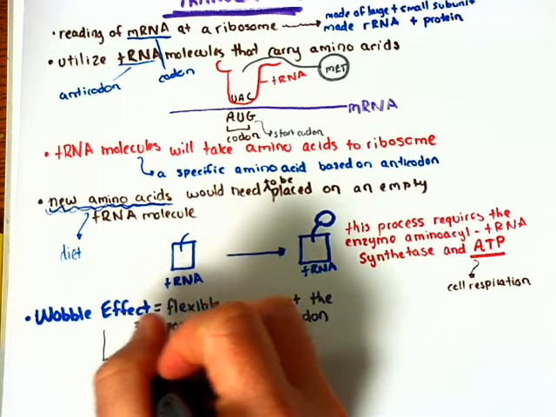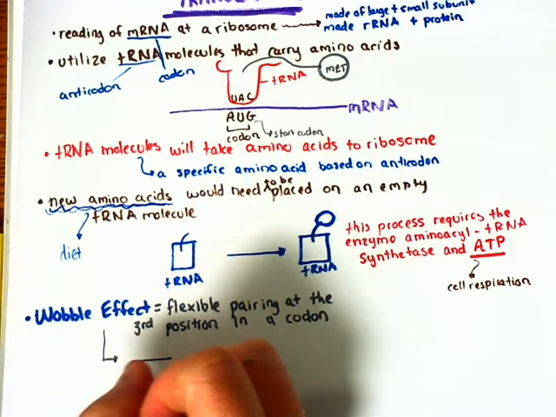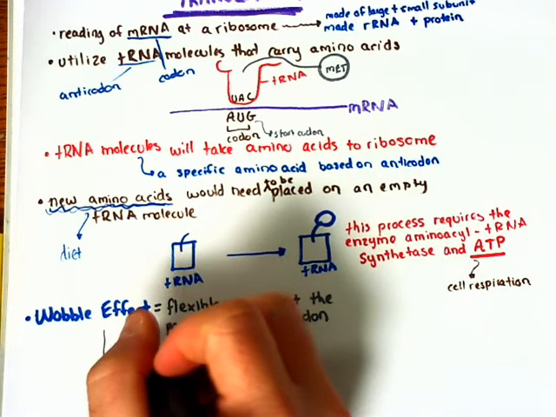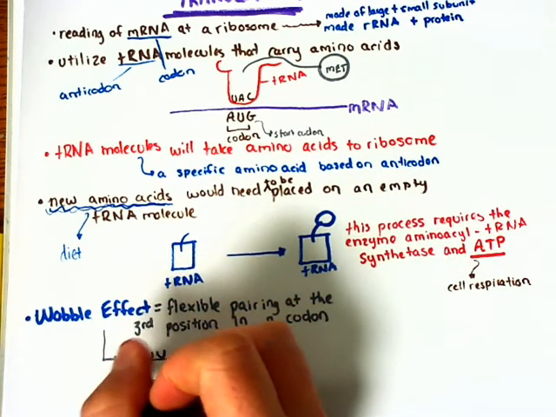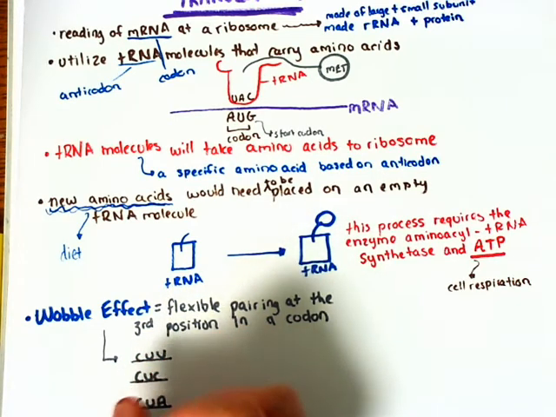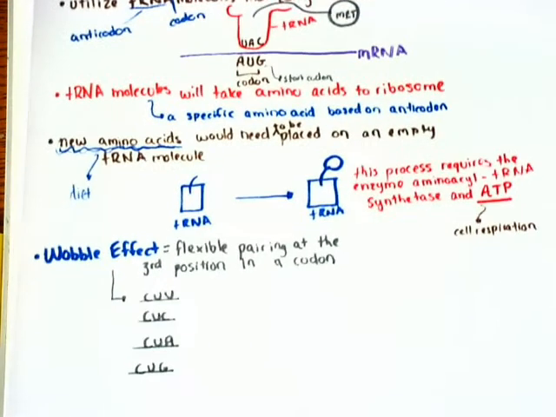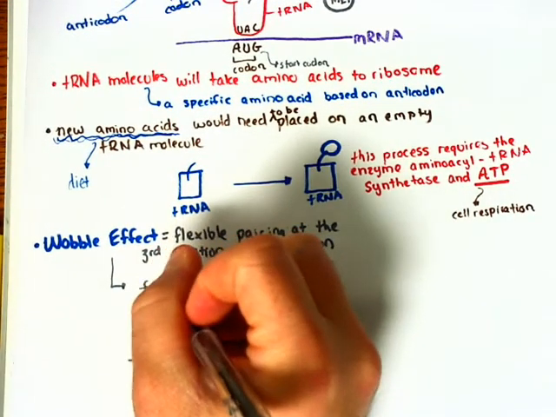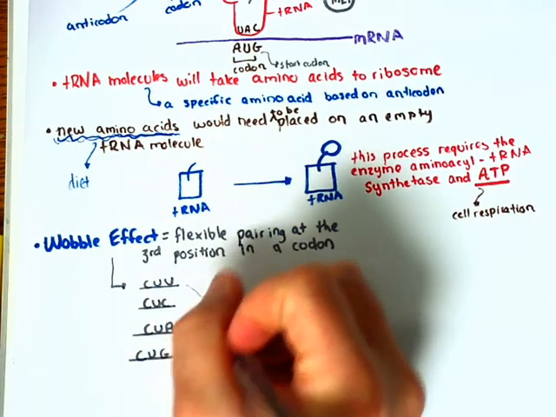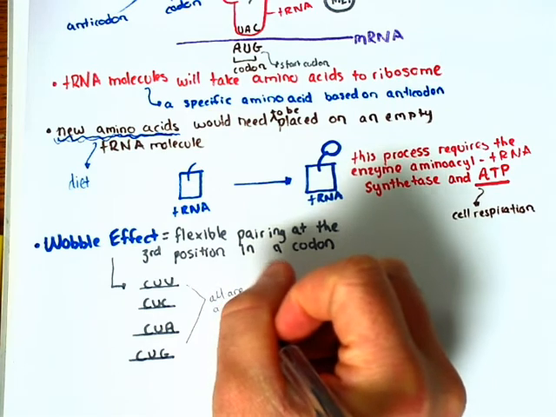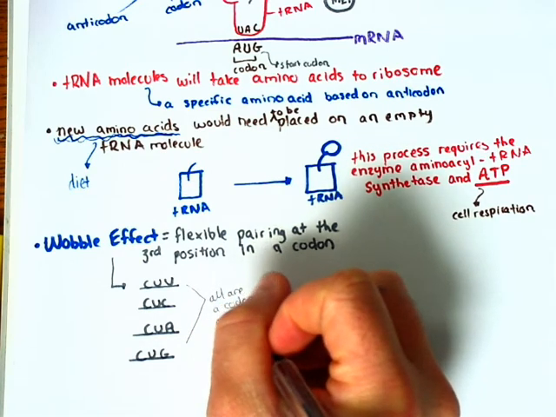Let's say that you had an mRNA sequence, and I'm going to give you 4 different codons of mRNA. Let's say that one sequence was CUU, and one was CUC, CUA, and CUG. I'll let you write all those down real quick. Let's say that those are all a codon of mRNA.